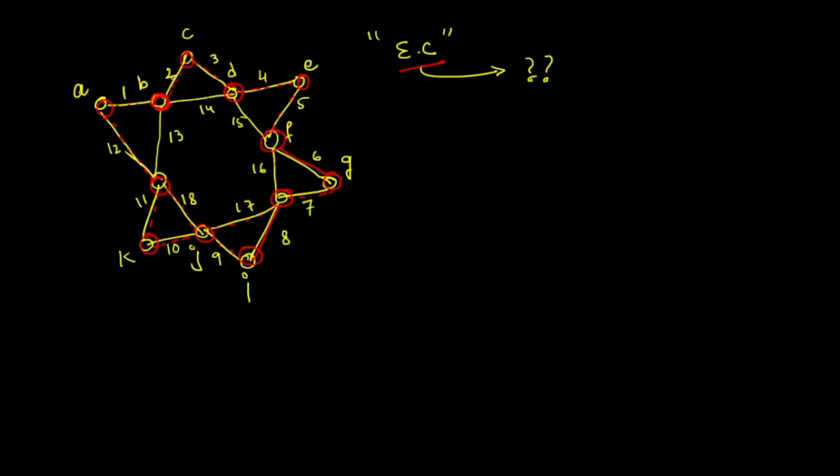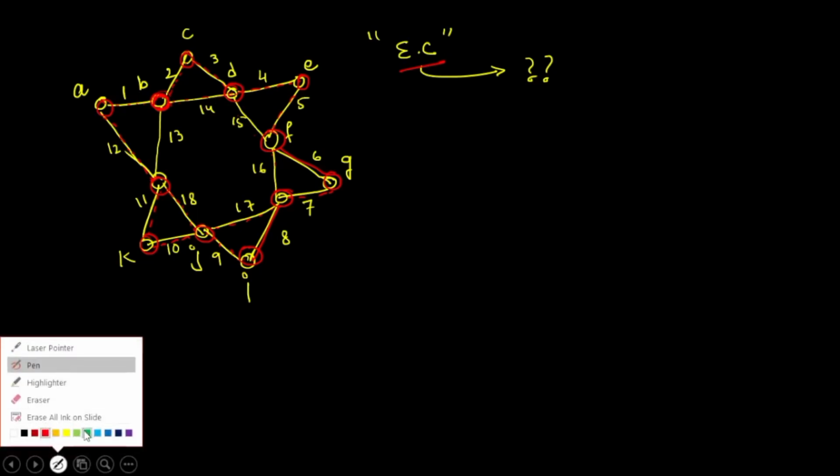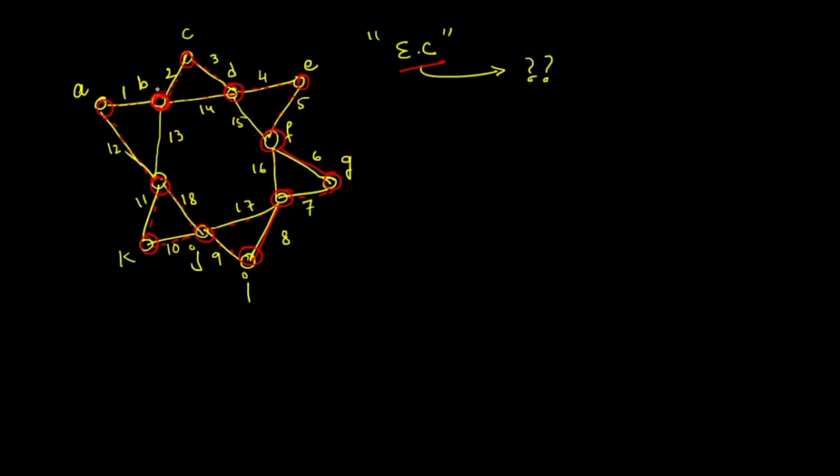Okay, now see, suppose you start from here, and you first cover this part. Let's try this with a different color. Suppose you start from here, now you cover this first.